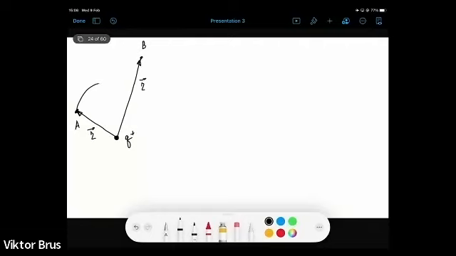Let's make it dashed, something like this. We can pick some point on this path from point A to point B and draw an intermediate position vector.